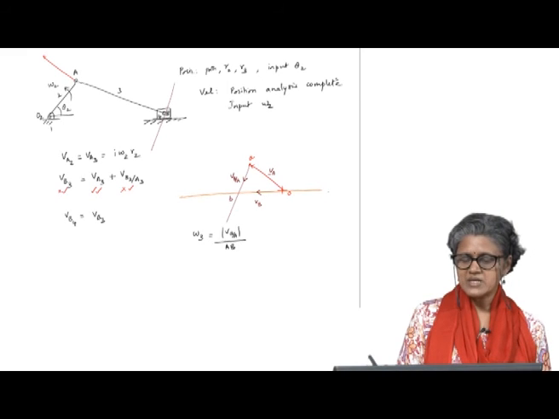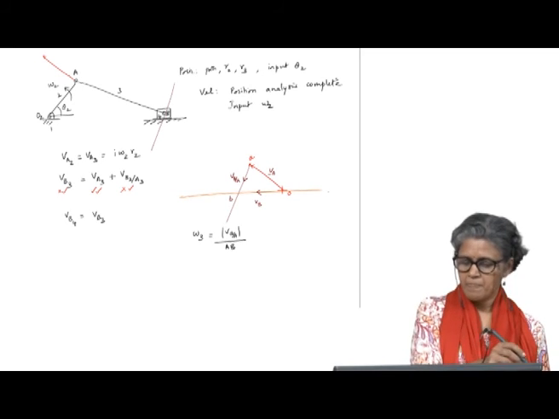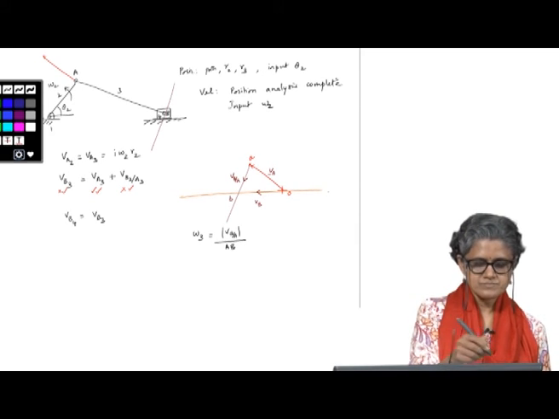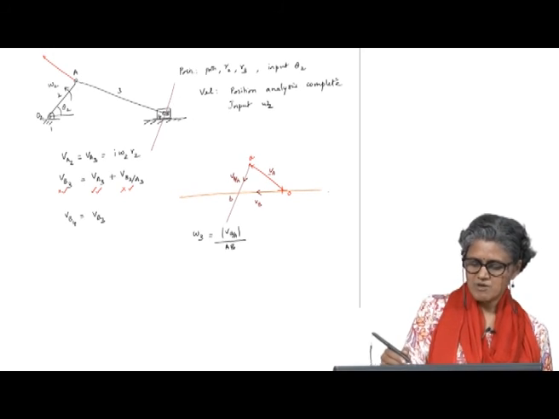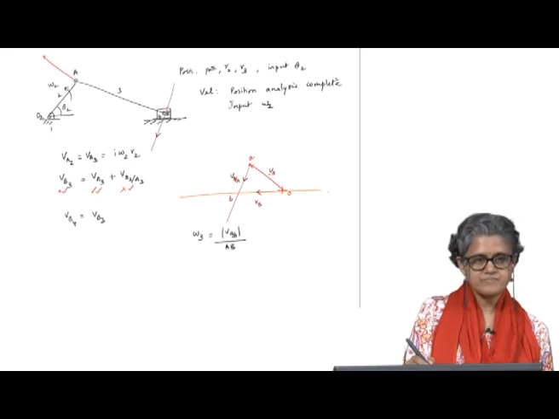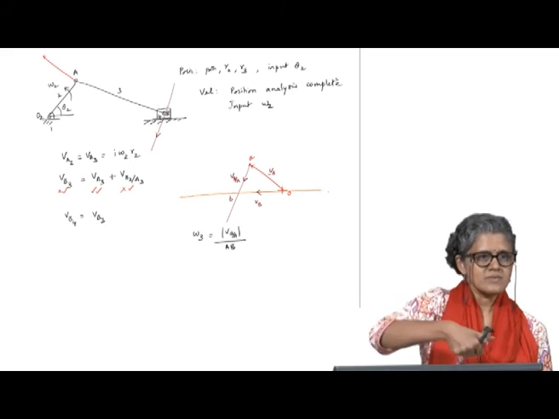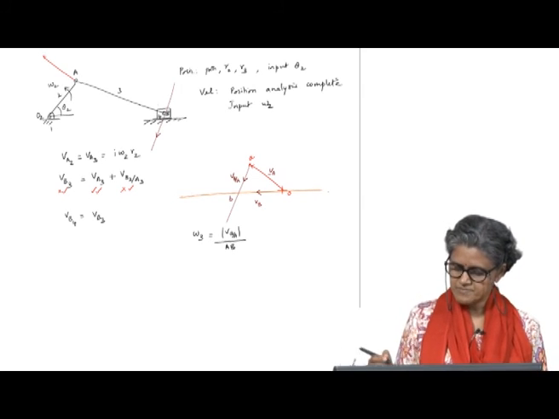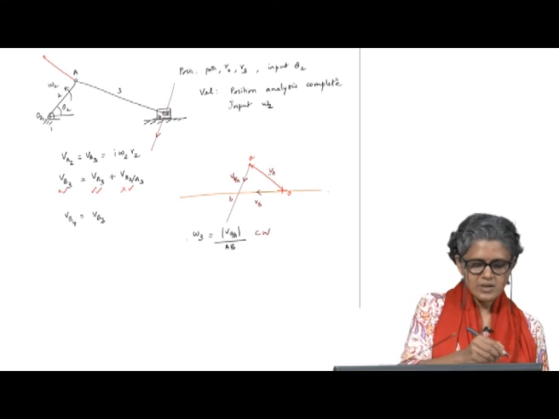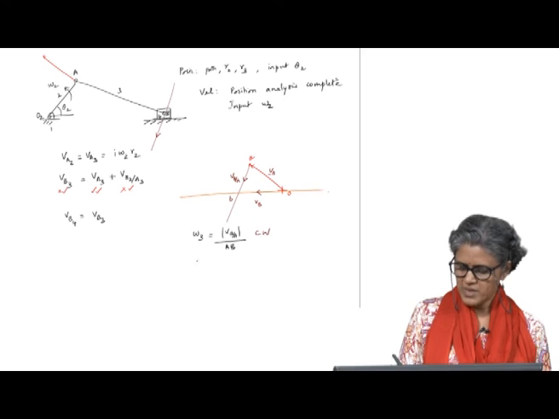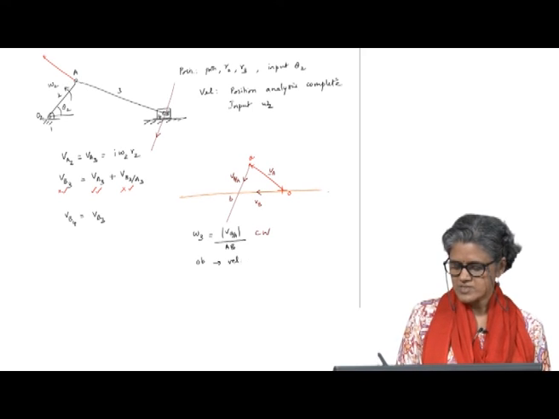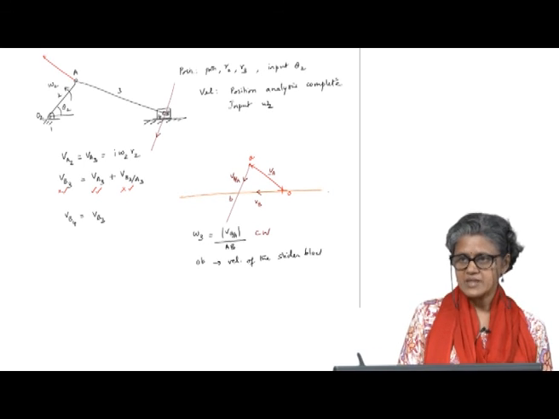And what would be the direction of omega 3 from this diagram? It is this, right. So, I have found that this is the direction, which means omega 3 is clockwise. As for omega 4, sorry, there is no omega 4; the velocity of B is the linear velocity of the slider block.